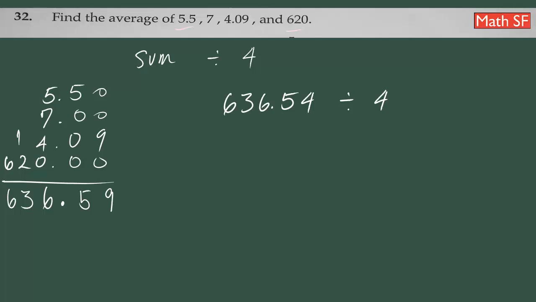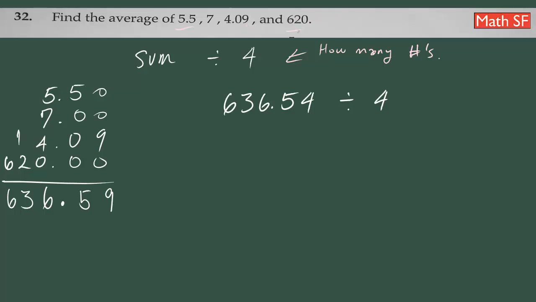So, where did the 4 come from? The 4 is the amount of numbers, like how many numbers there are. In this case it was 5.5, 7, 4.09, and 620.